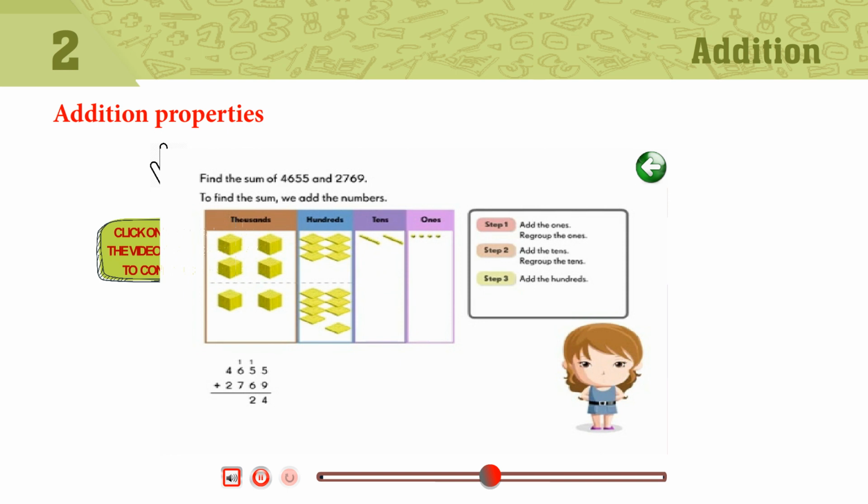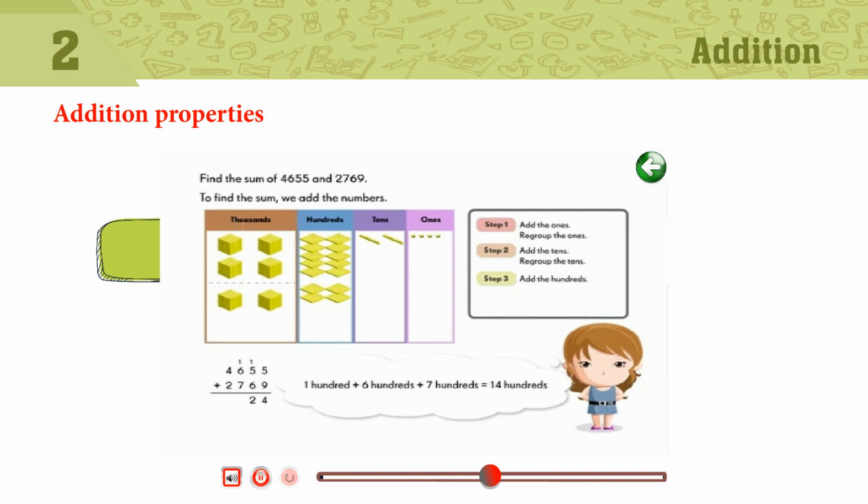Then we add the hundreds. 1 hundred plus 6 hundreds plus 7 hundreds equals 14 hundreds. There are more than 10 hundreds, so we need to regroup the hundreds.